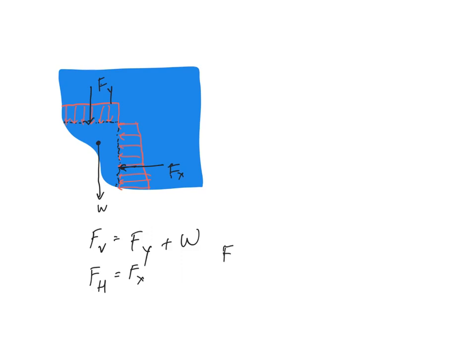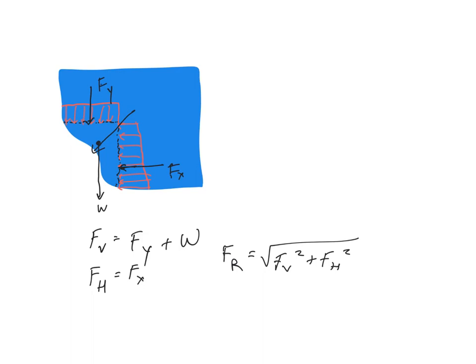And then we could figure out that our resultant force, which would be acting, say, at some location here, the magnitude of that would be equal to the square root of F sub v squared plus F sub h squared.